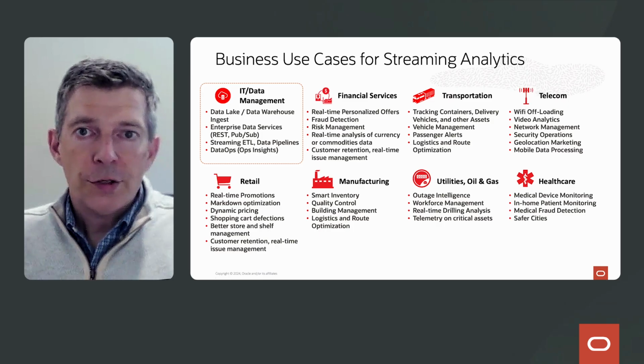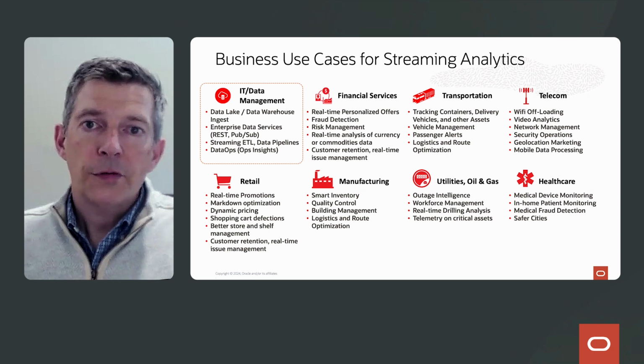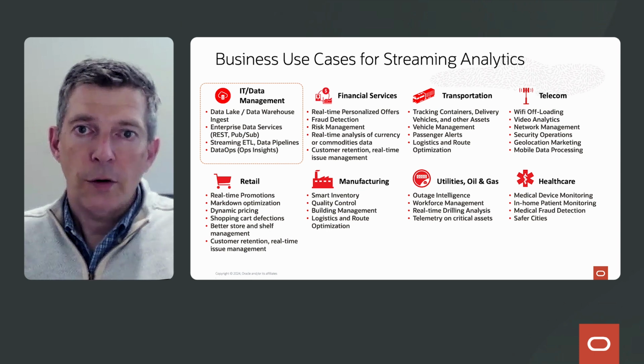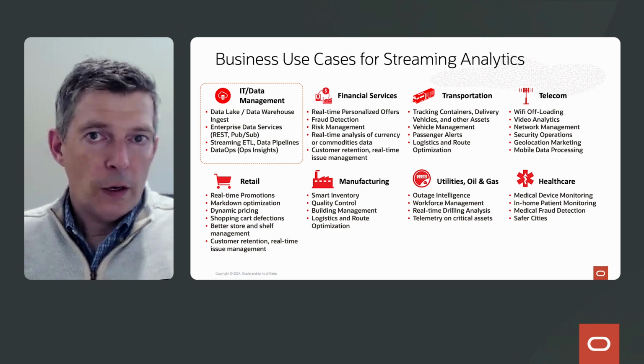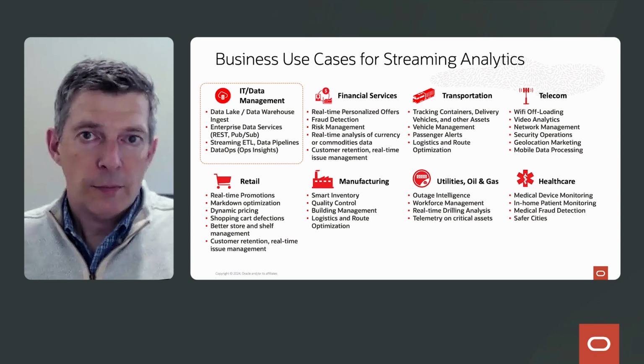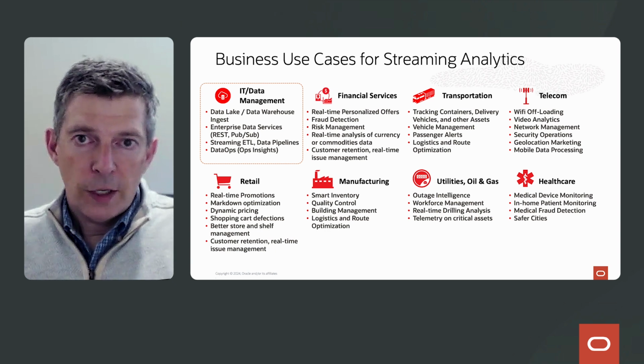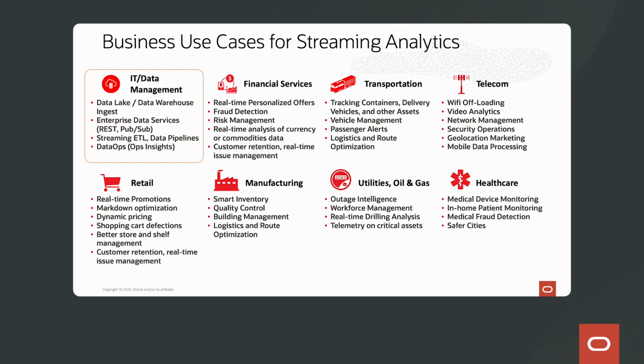Looking at transportation, transportation often involves geographic information, where you have vehicles that are moving. Might it be cars, might it be trains, might it be planes or other vehicles. You can correlate this information. You can in real time track your assets. You can look at anomalies. You can optimize your processes. You can prepare for arrivals. You can work on departures.